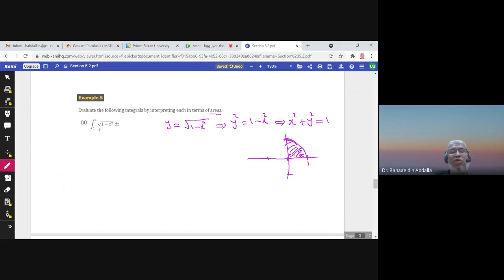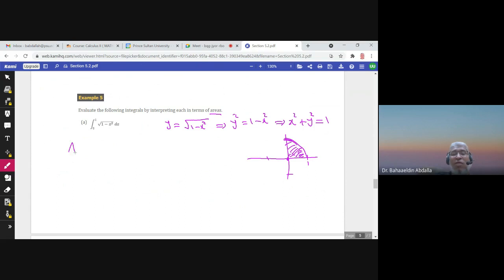The question: what is the integral of this root? Which means what is the area of this region? So the integral from 0 to 1 of the square root of 1 minus x squared dx is exactly equal to the area of this region. Well, the area of this region is 1 over 4 of the area of the circle.